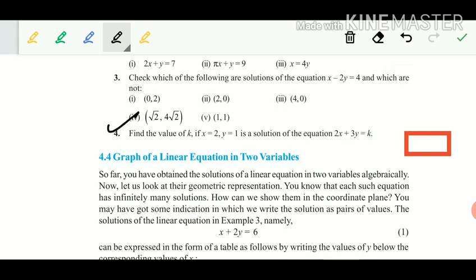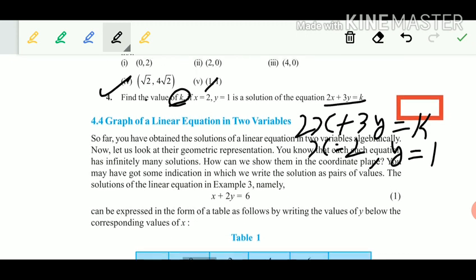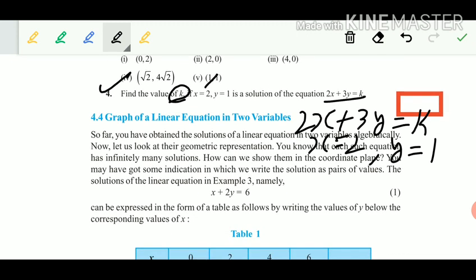Fourth part, find the value of k. We have to find the value of k for this equation. The equation is 2x plus 3y is equal to k. If x value is 2 and y value is 1, put the values of x and y and find the value of k.